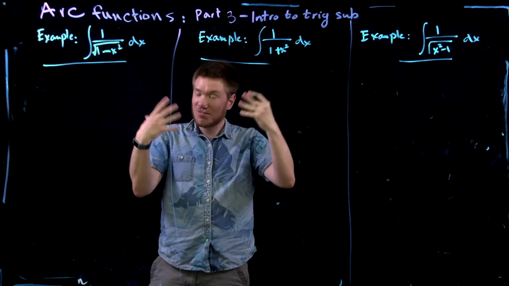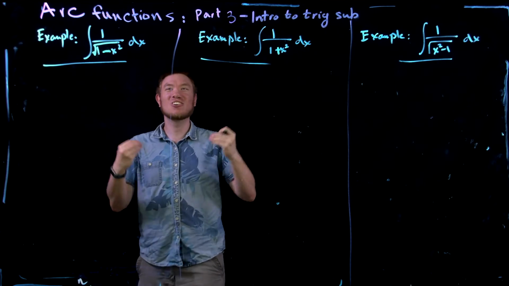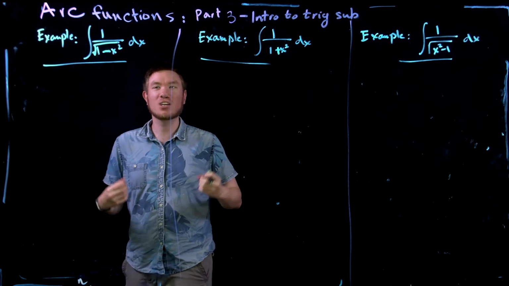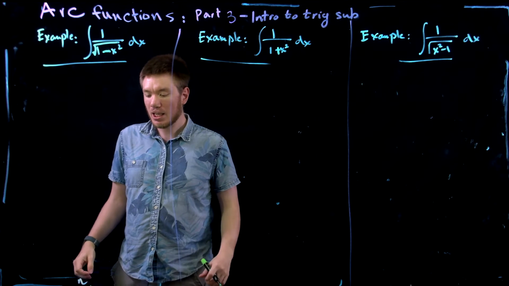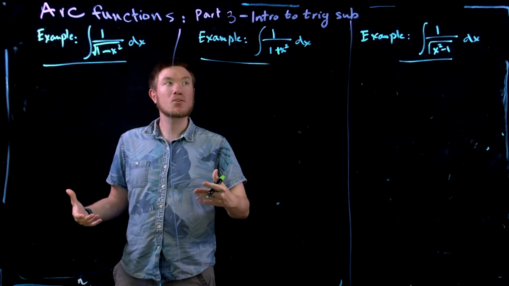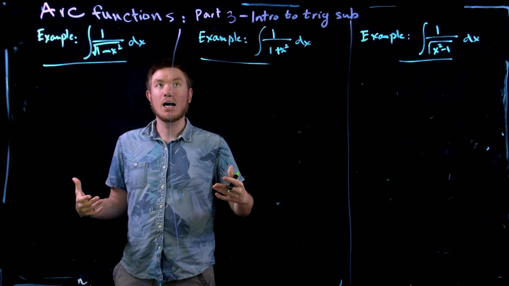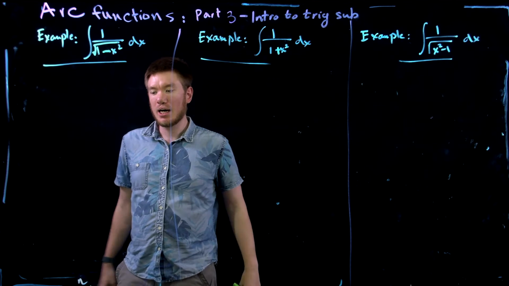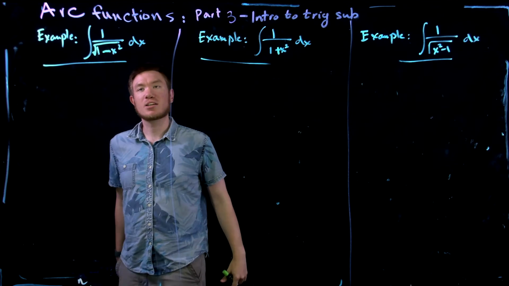The way we obtain those antiderivatives is through the method of trig substitution. And the idea behind trig substitution involves using our Pythagorean identities.